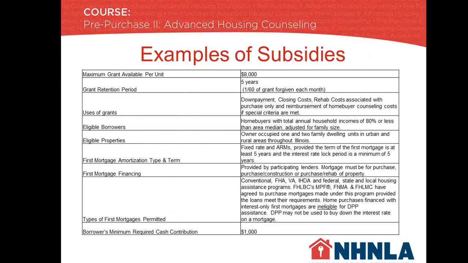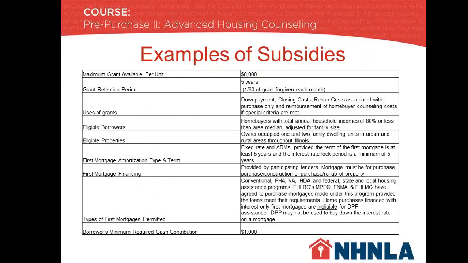You see there the eligible borrowers are 80% or less of the AMI. Eligible properties include 1- and 2-family dwelling units. This was a particular subsidy in Illinois, so this was covering urban and rural areas. We have the type of amortization and the term.